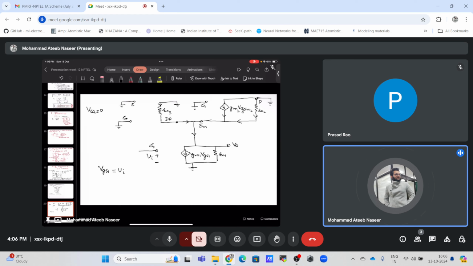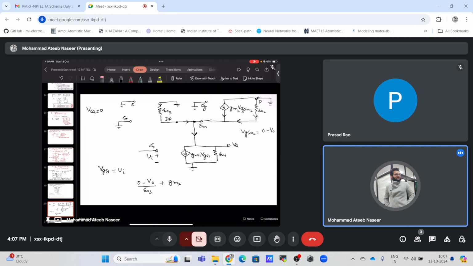If I use the KCL now, at this node I have a current flowing from 0 minus V0 by R03, since this is grounded, plus a current GM2 times VGS2, and VGS2 is simply 0 minus V0.